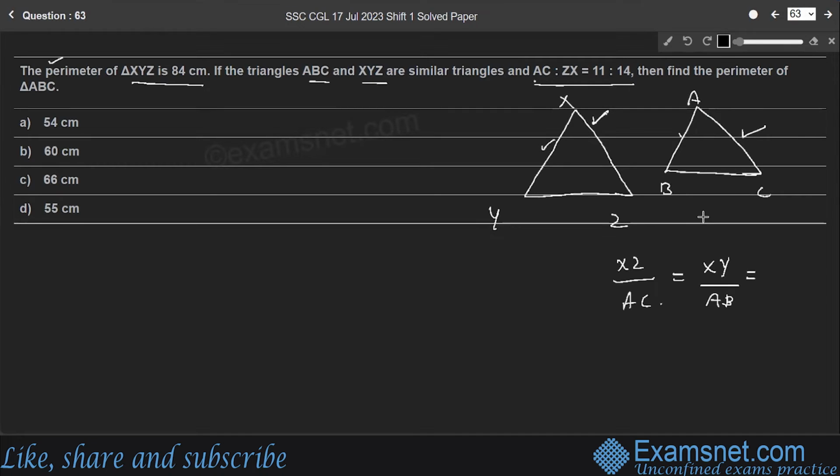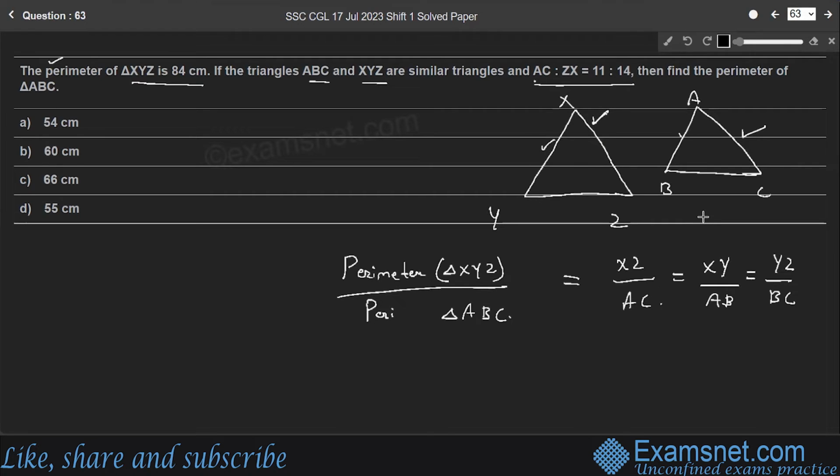And the remaining side, YZ is to BC. So this ratio is equal to the ratio of their perimeters. So perimeter of triangle XYZ divided by perimeter of triangle ABC.